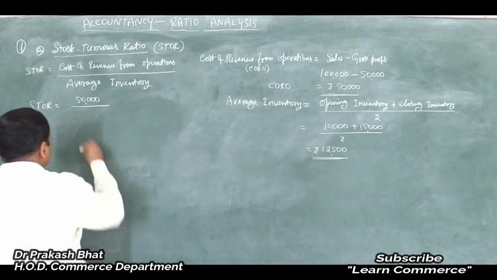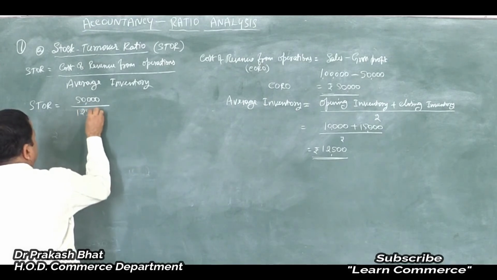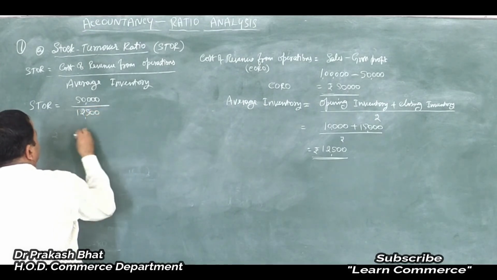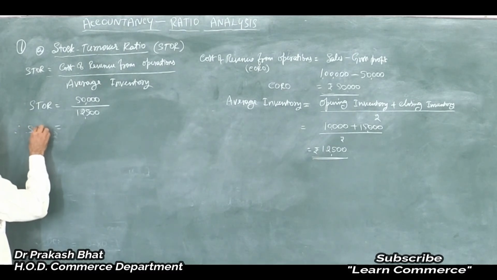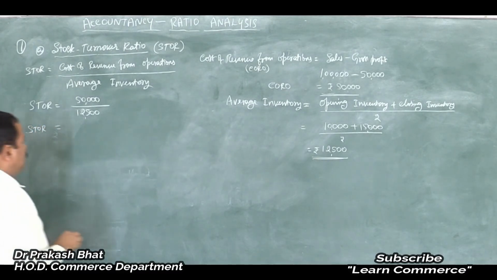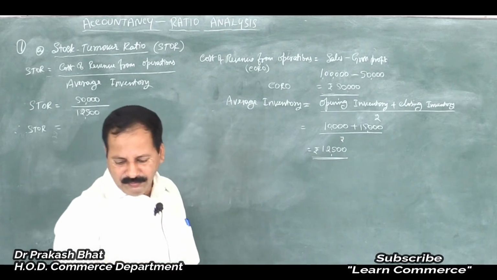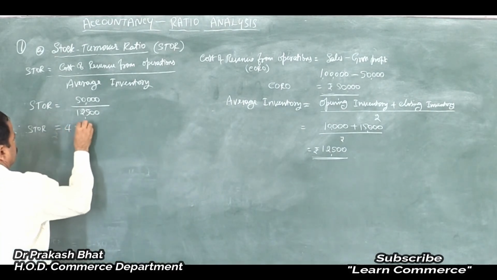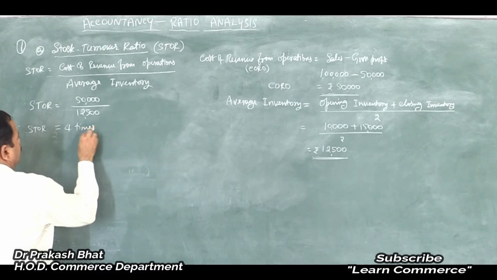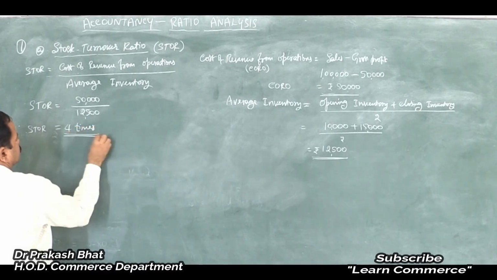Is it correct? 12,500 is equal to, therefore stock turnover ratio is equal to 4 times, isn't it? Yes.